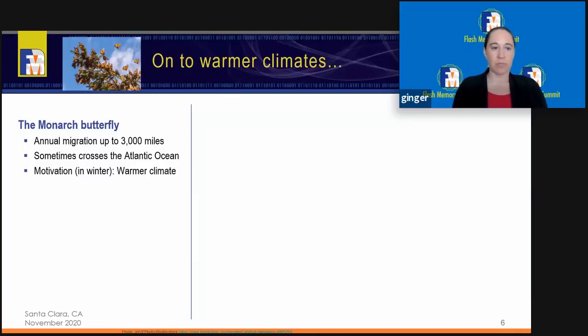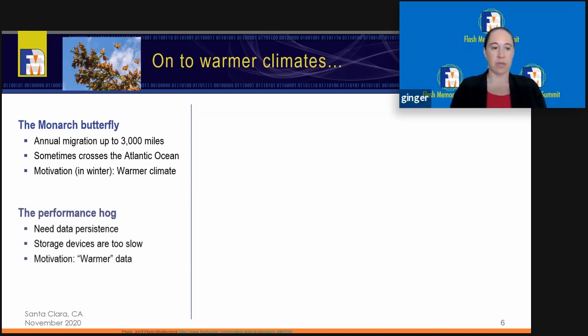So I'll start with the monarch butterfly. This is a pretty famous migrator, just because of the fact that they can migrate even up to 3,000 miles at a time. Sometimes they've been known to even cross the Atlantic Ocean. And they do this annually. The motivation when winter's coming, of course, is to move to a warmer climate.